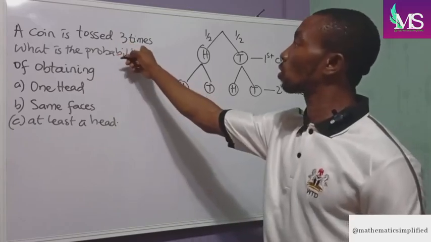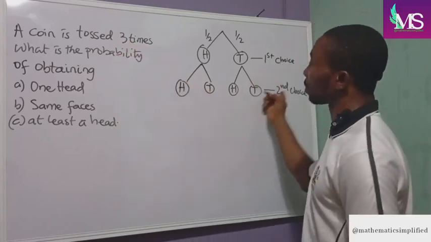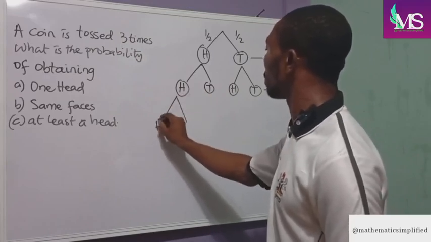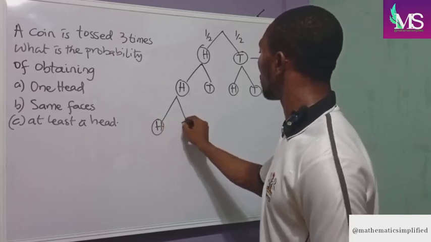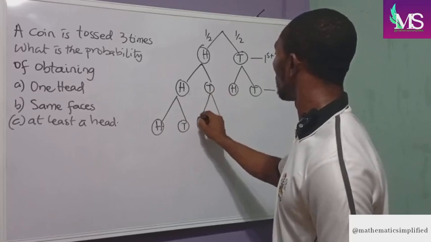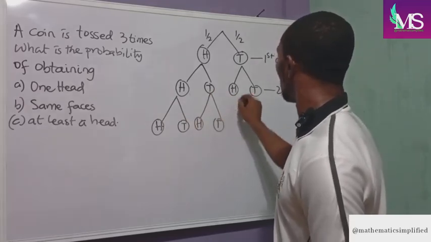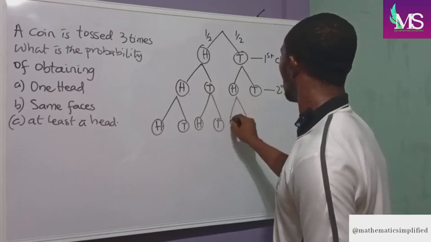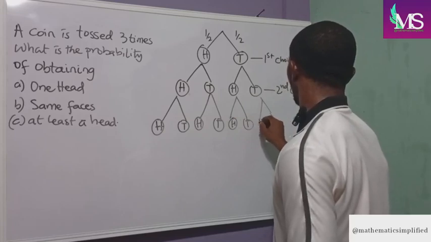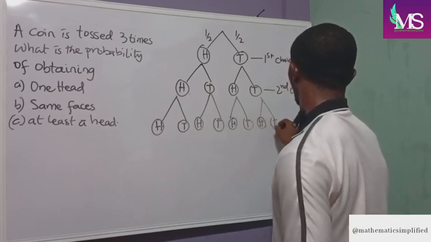Now, since they say it was tossed 3 times, that means we're looking at 3 choices. Now, the third choice, we are having a head and a tail. A head and a tail. A head and a tail. Then a head and a tail.